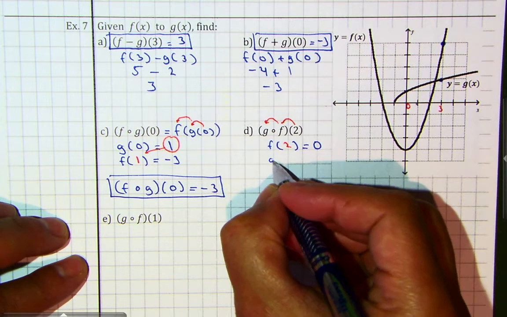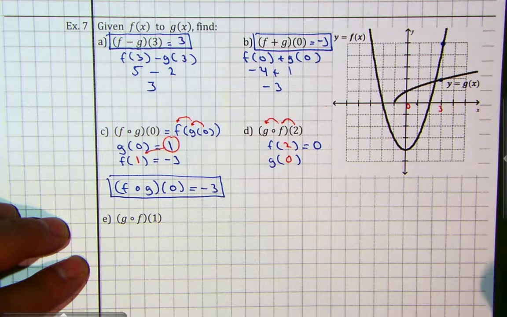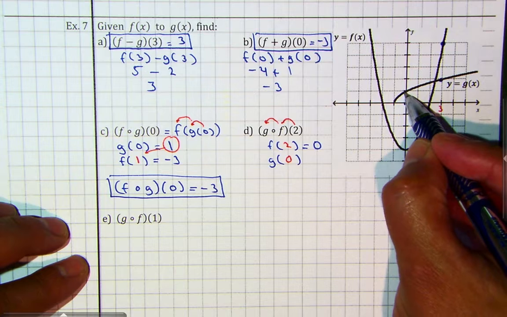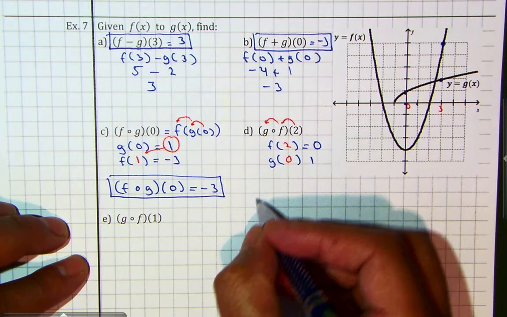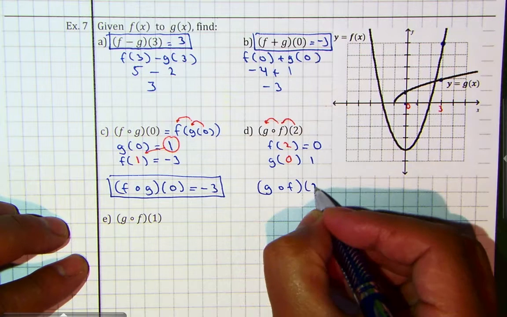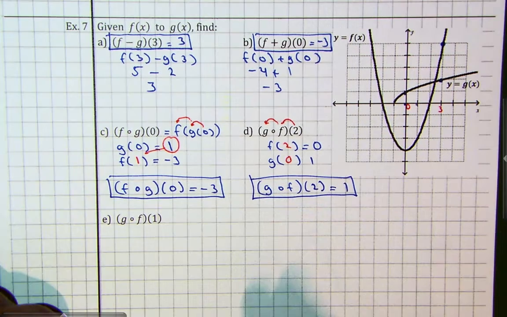Now, plugging the 0 inside the g gives you 1. So therefore, g of f of 2 will be equal to 1. Be sure to keep your notation as part of your answer.